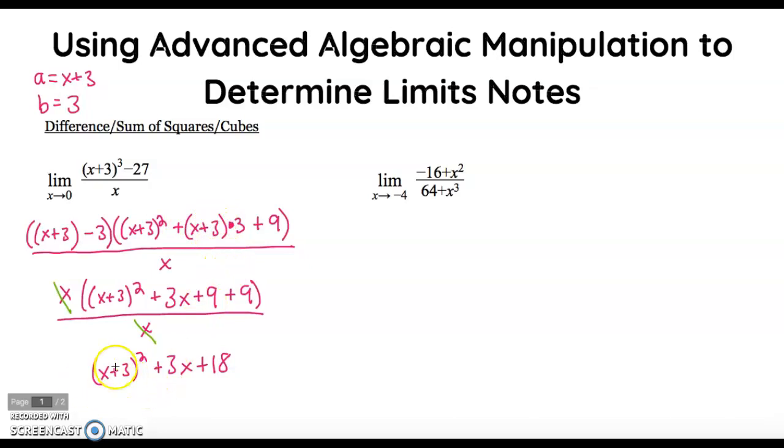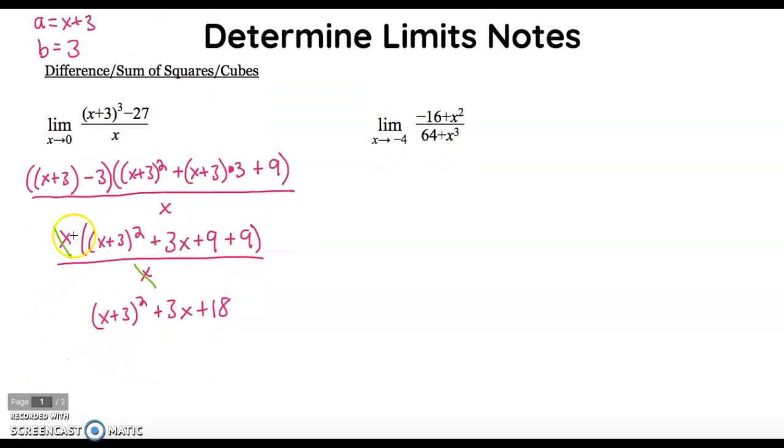And now the nice part is, I have simplified this enough to the point where I don't even have a denominator anymore. So now if I go back and try to find the limit of this, remember, because that's what I'm doing all along, is finding the limit as x approaches 0.